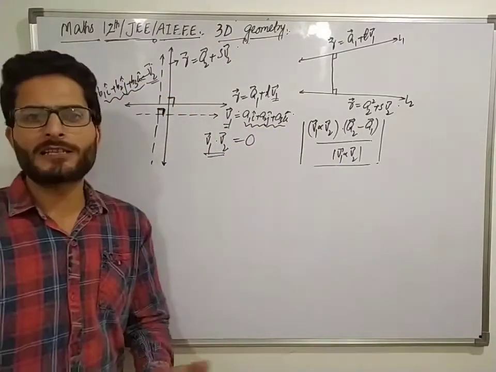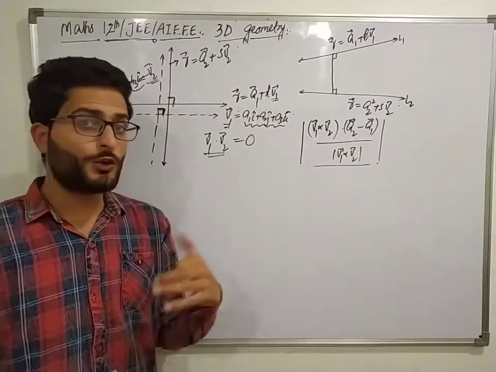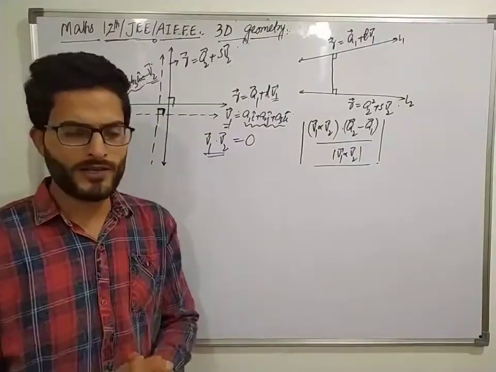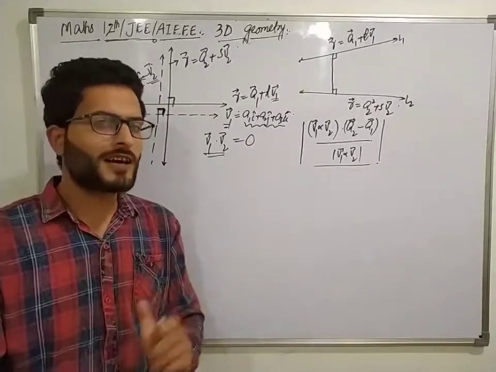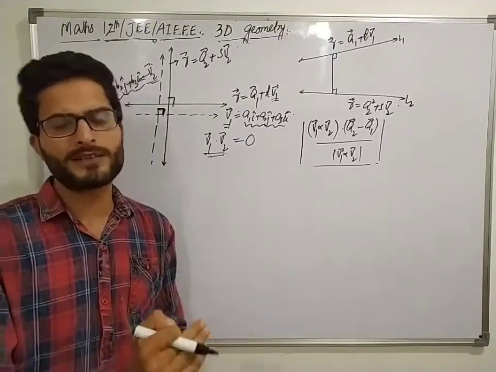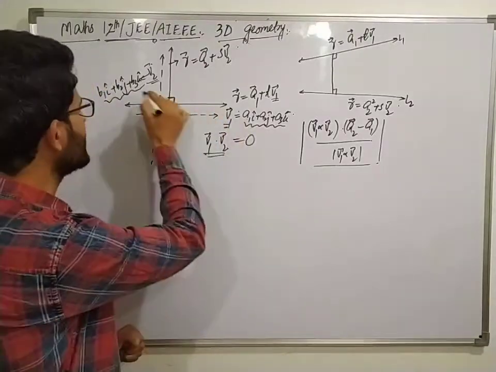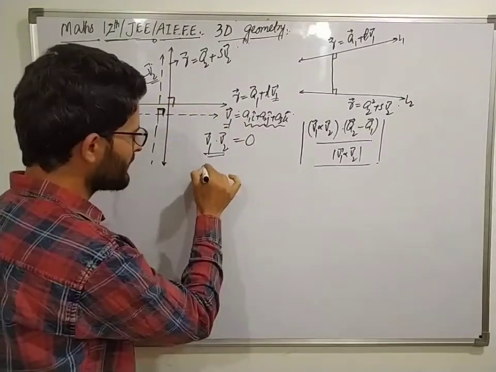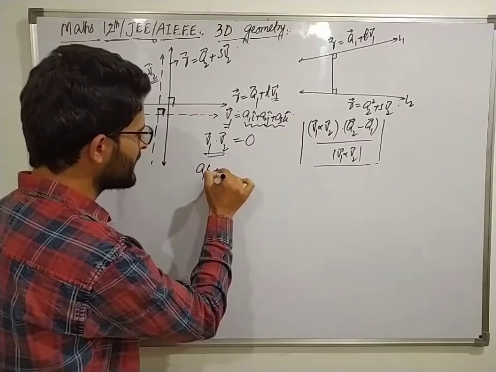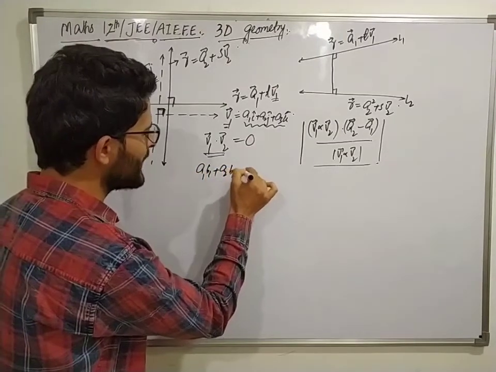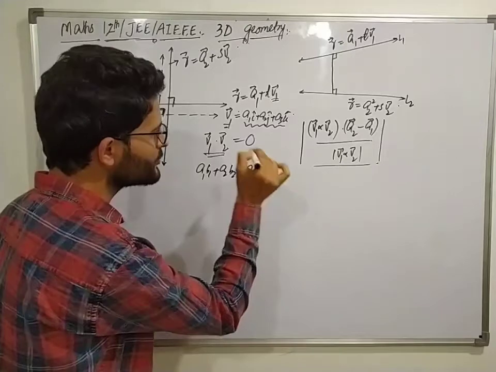When two vectors are expressed in terms of their components and you need to find their dot product, then the dot product is directly equal to the sum of products of their corresponding rectangular components. Means A1 into B1, so the dot product will be A1 into B1 plus A2 into B2 plus A3 into B3.